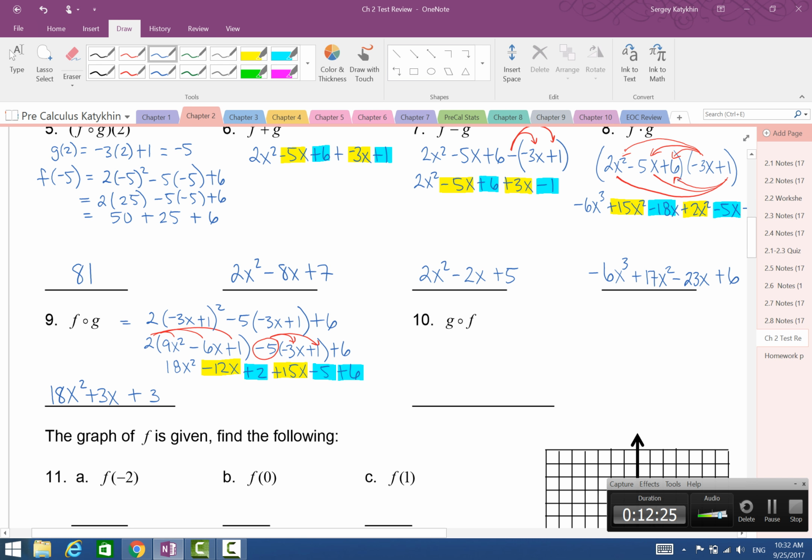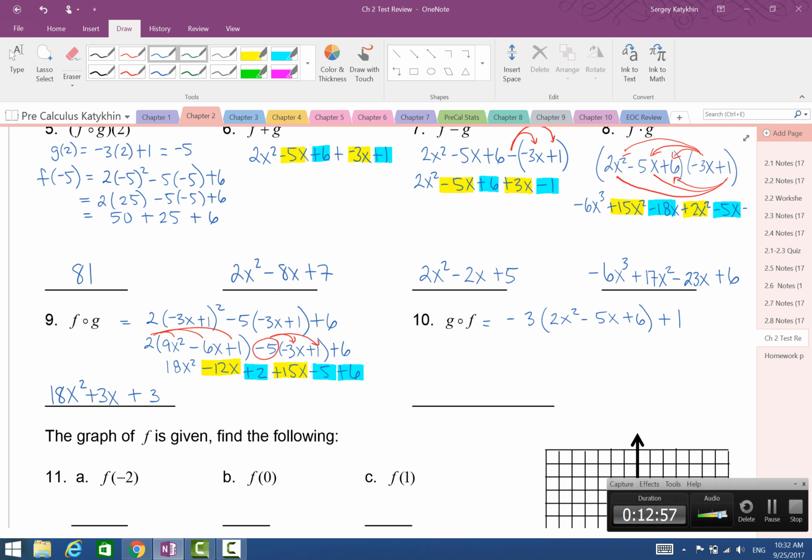And remember, my function g is negative 3x plus 1, so everywhere we see x, which we only see once, we're going to replace that x with the function f of x, and we get negative 3, and again our f of x function is 2x squared minus 5x plus 6, and then we have plus 1 from the g.